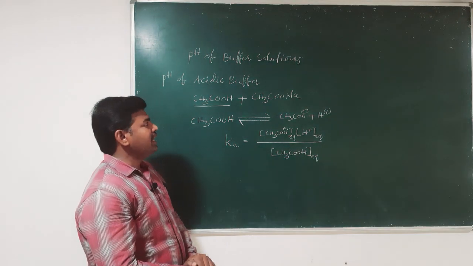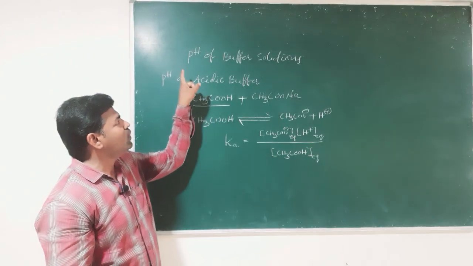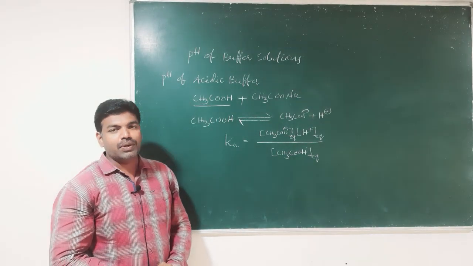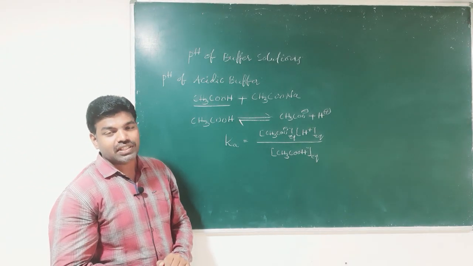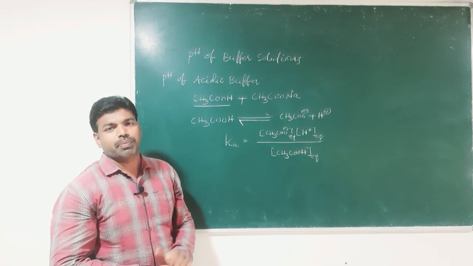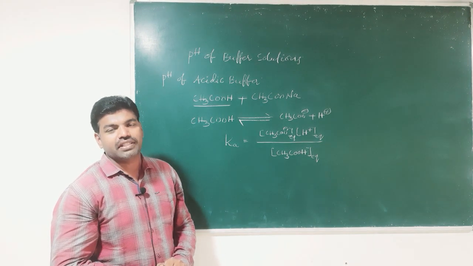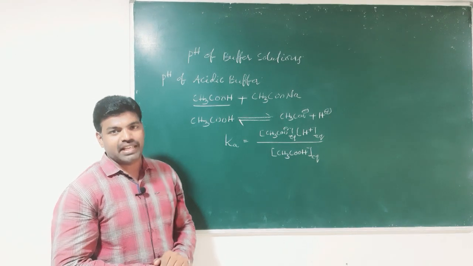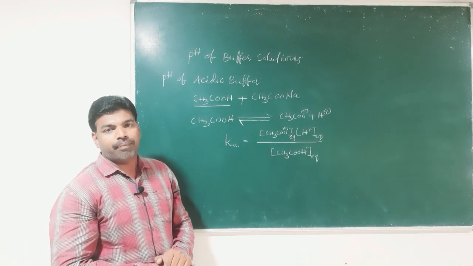Our aim is to calculate the pH for acidic buffer. In order to calculate the pH, we should know the concentration of H plus ions, because pH is negative logarithm to the base 10 of concentration of H plus ions. If we know the concentration of H plus ions, then we are able to calculate the pH.